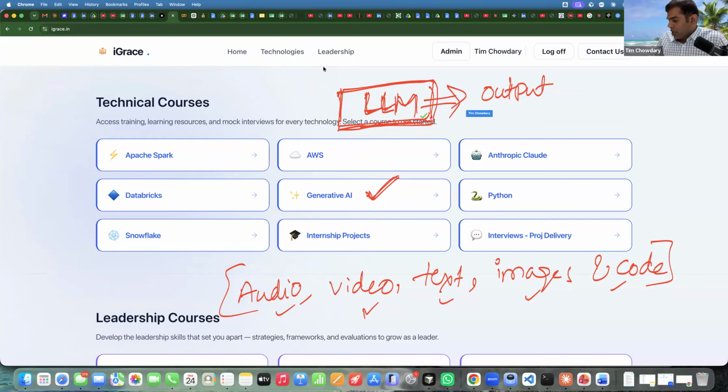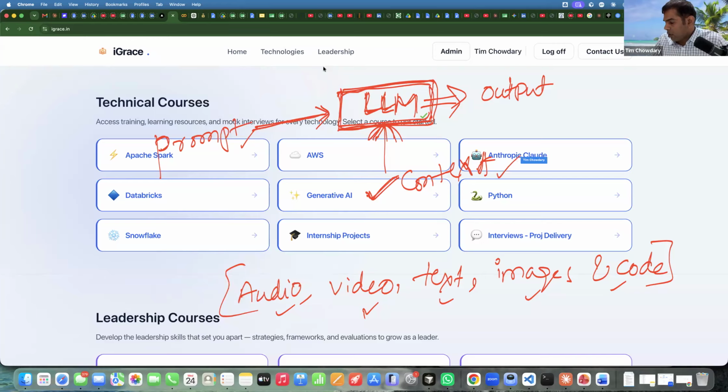To generate output, it takes two primary inputs. One is the prompt. The other one is context. I repeat, an LLM takes input in the form of two different inputs: one is called prompt, the other is context, and it generates output based on the input.